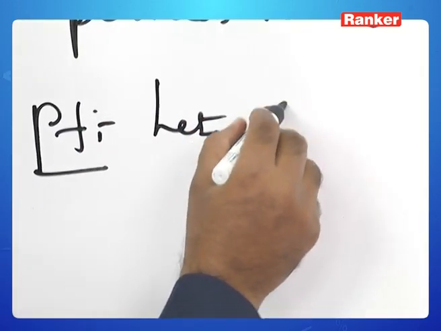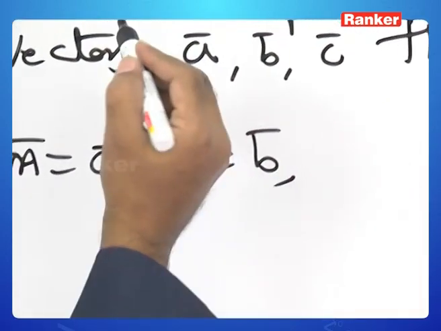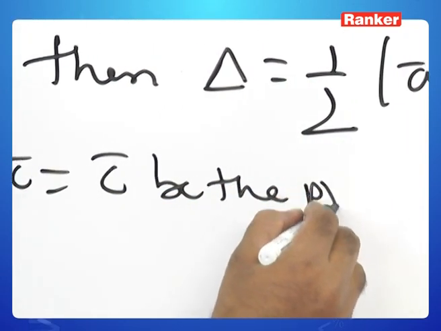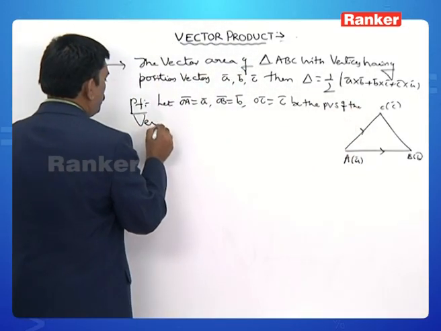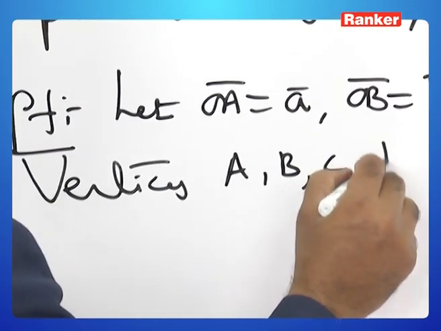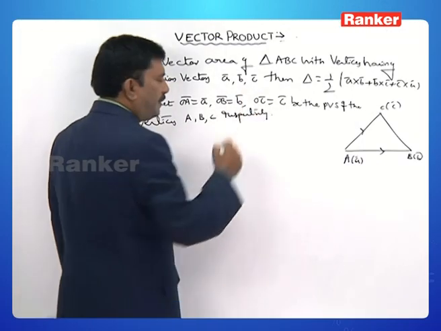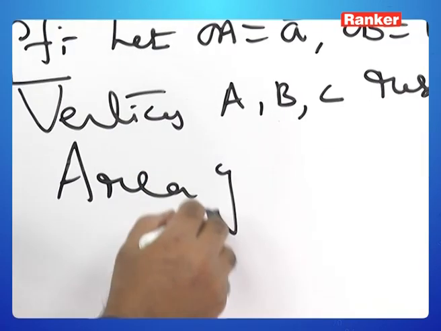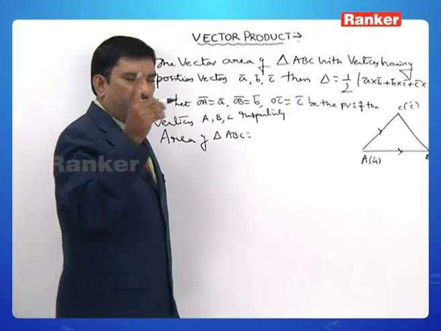Let OA bar is equal to A bar, OB bar is equal to B bar, OC bar is equal to C bar be the position vectors of the vertices capital A, B, C respectively. Area of triangle ABC, we are discussing about vector area.